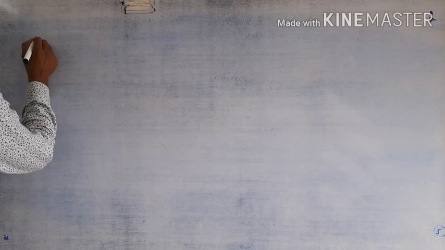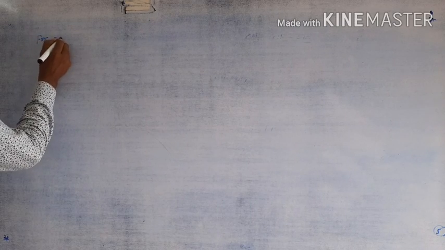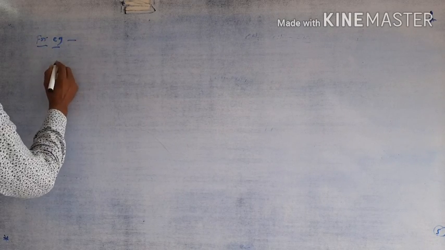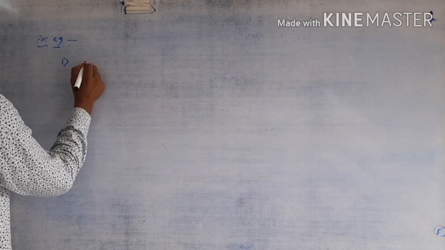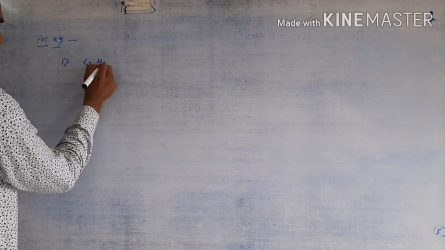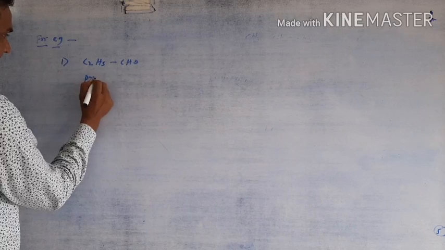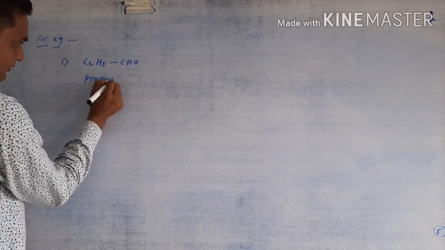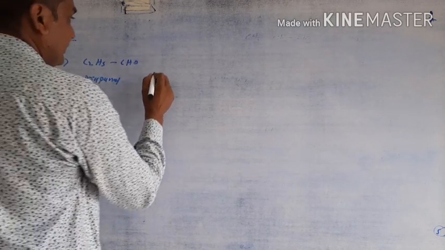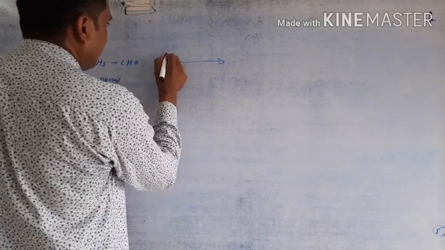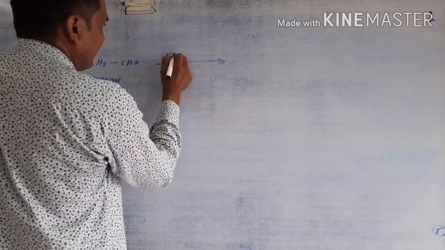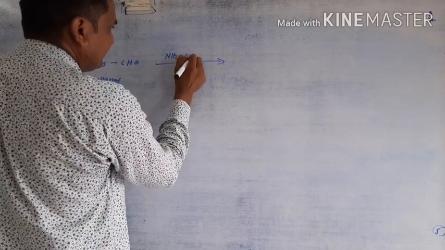For example, suppose that first example, C2H5CHO, means propanal, reacts with NH2-NH2.